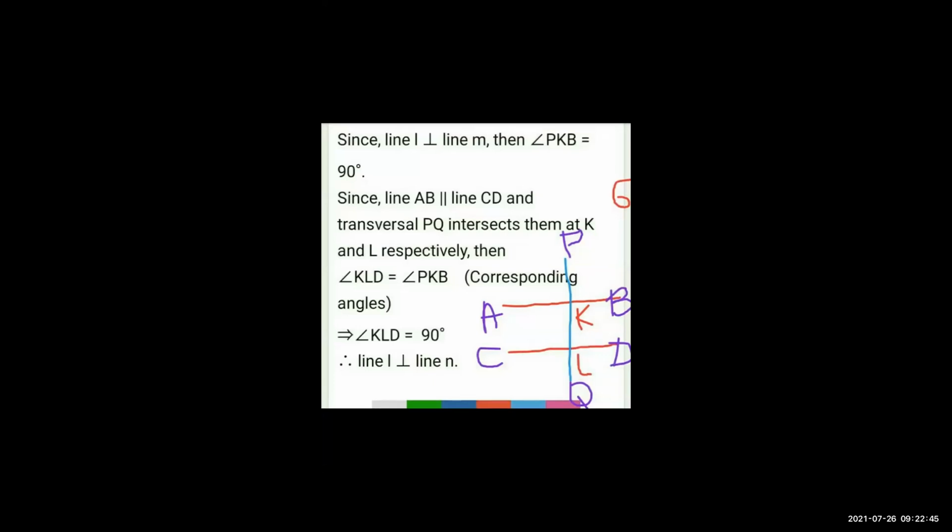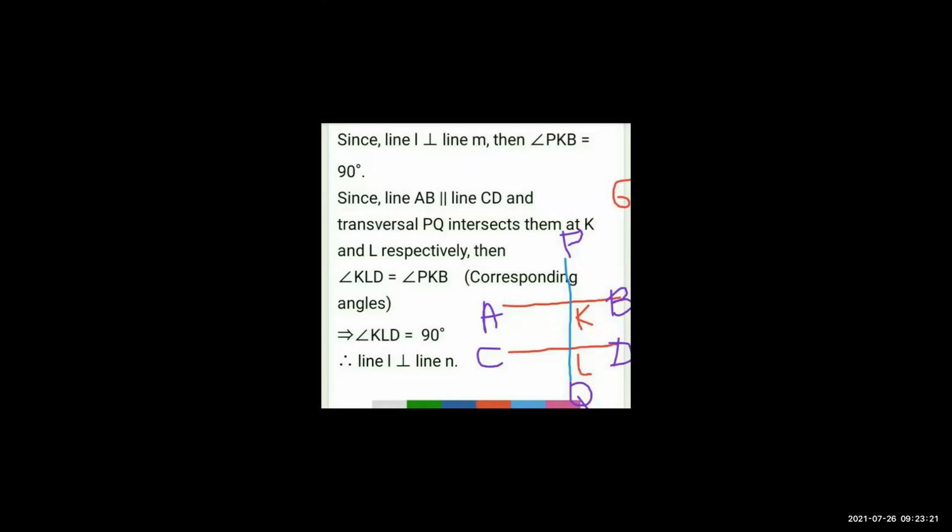So students, here is the solution for this example. See in the diagram. Here are the two parallel lines. Line M has points A and B, and line N has points C and D. And PQ is the transversal of those two parallel lines.